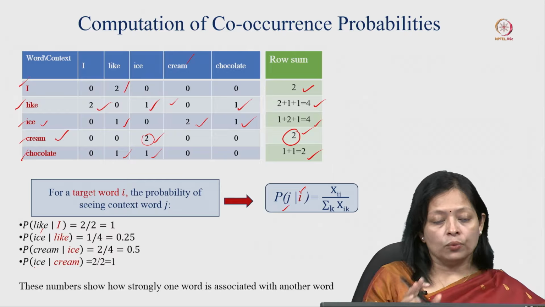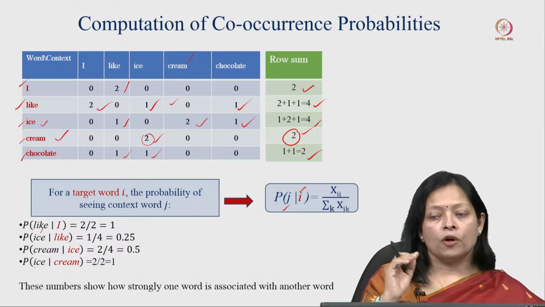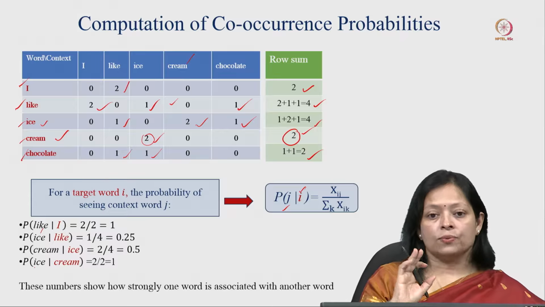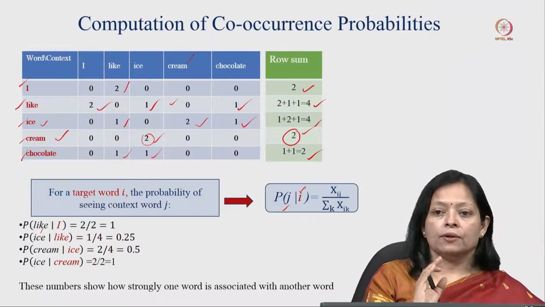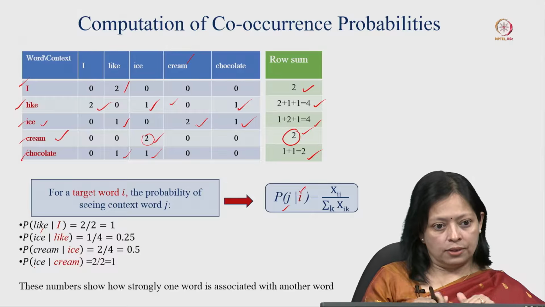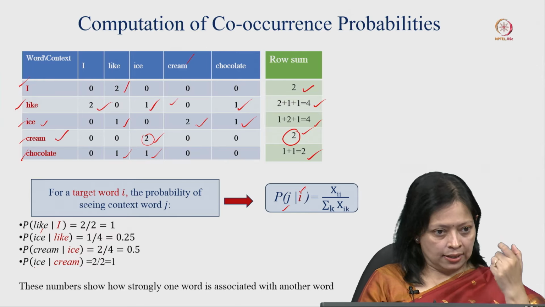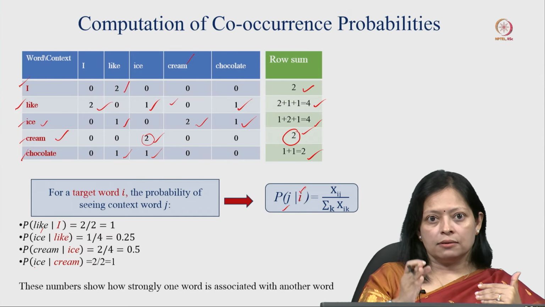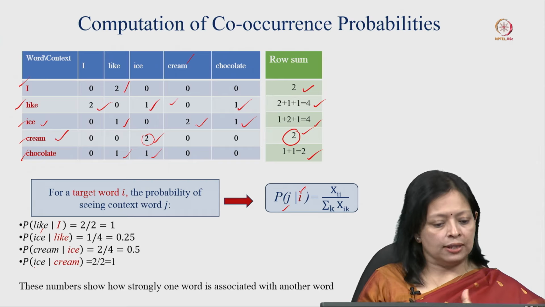Okay. So, what have we done till now? We have made a co-occurrence matrix. From the sentences we have created a vocabulary. Then we have taken a window size of 1 here, and then we have computed the co-occurrence matrix with the target words in the rows and the context words in the columns.